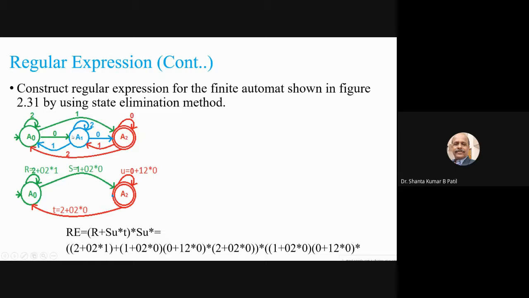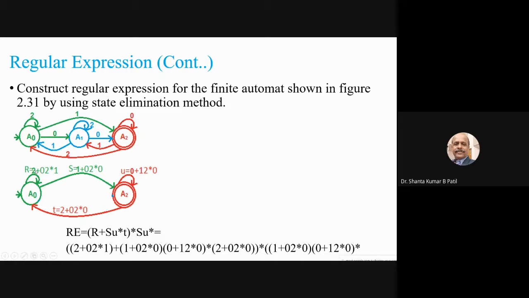After eliminating the state A1, that is the intermediate state, one path is already there from A0 to A0, it is a 2. So one more path is created, that is 0, 2 star, 1, from A0 to A0.